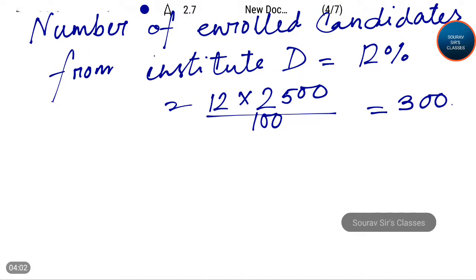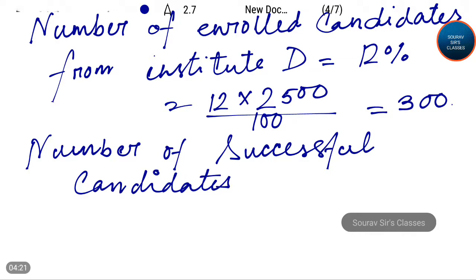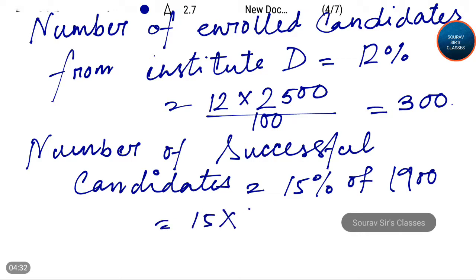And the number of successful candidates is equal to 15% of 1900. So that is equal to 15 into 1900 divided by 100, that is equal to 285.